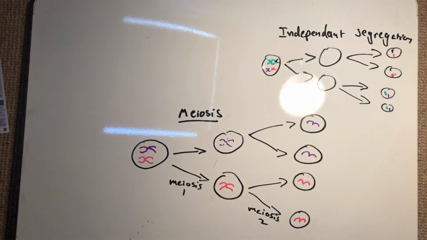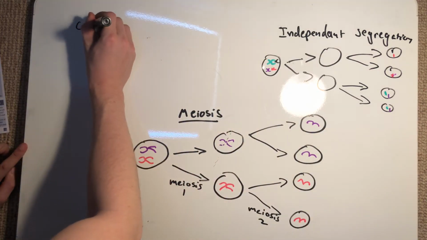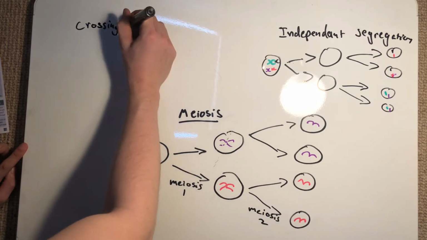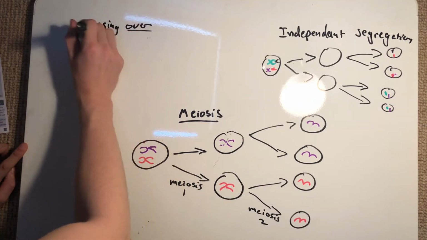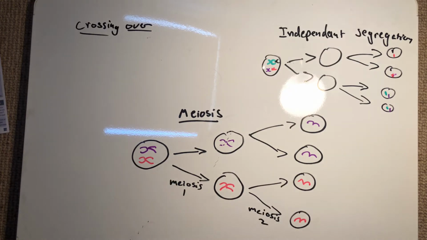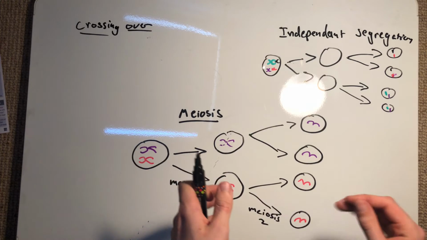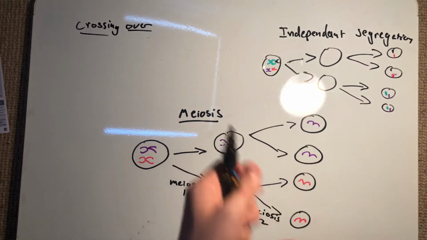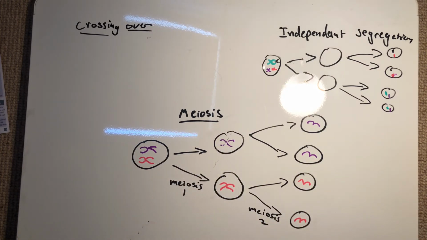The other is crossing over of segments. With crossing over, the chromatids become twisted around one another. During the twisting process, bits break off of the chromosomes, and then they swap over. That means you've got different alleles on different chromosomes and a different mixture.